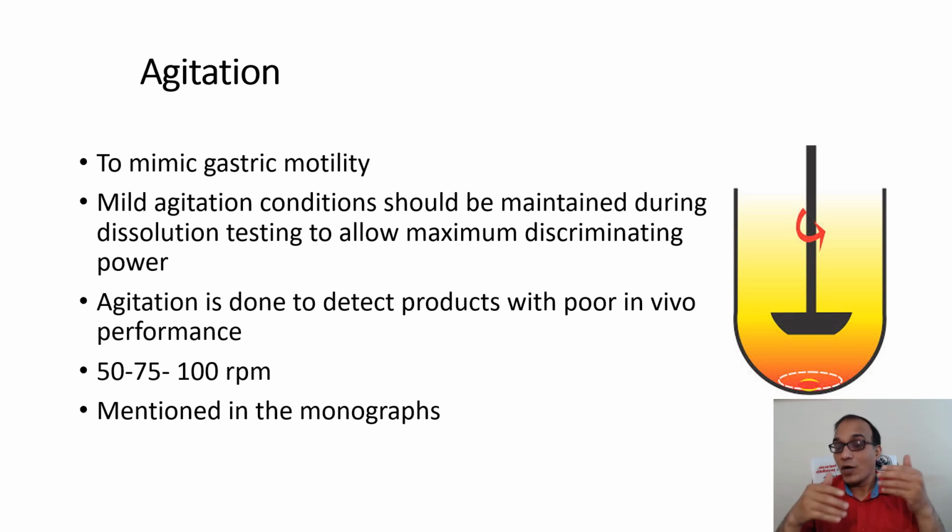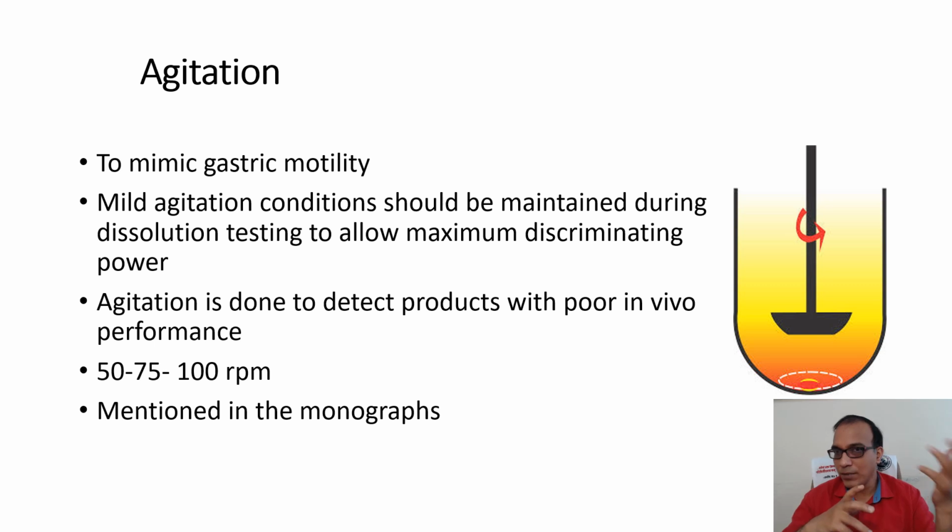For SR, why are we taking lower agitation? Because the dosage form is moving. We want to see the performance from the gastric region, where high motility is there, and when you go to the distal end of the GIT, lower motility is there. So we take the average as the lower one rather than the highest one.